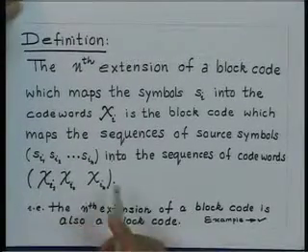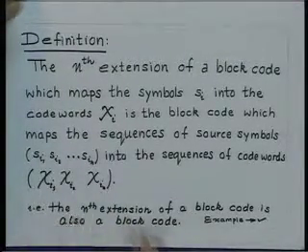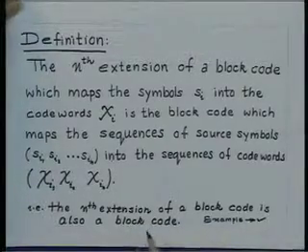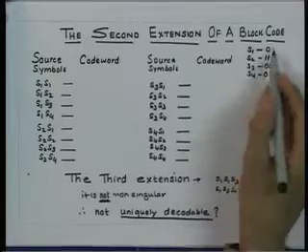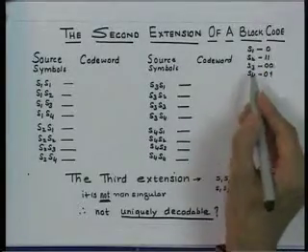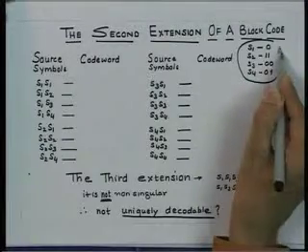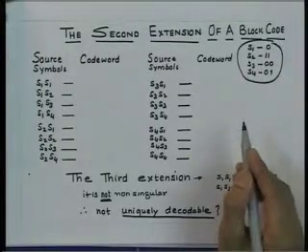Now, by definition, the nth extension of a block code is also a block code. Let us try to understand this concept with the help of a simple example. Let us again consider the block code which we had designed earlier. This is a binary non-singular block code.